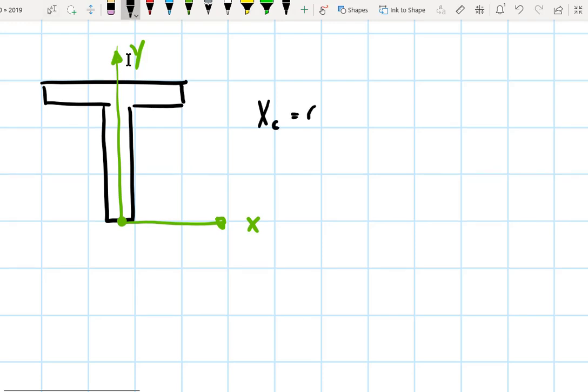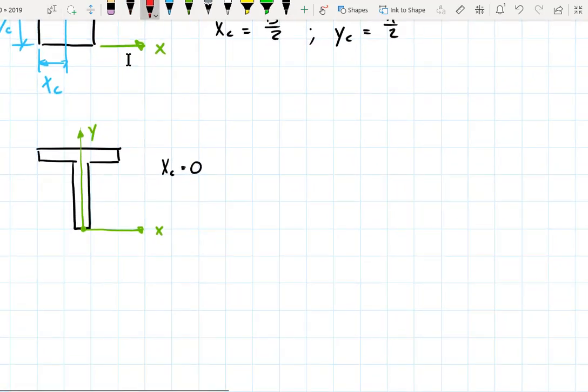X sub c equals 0 because of where I put the origin. But y sub c I don't really know. Y sub c is right here, but I don't know what this distance really is. And so I need a way to calculate that distance. And that's what we're going to do.